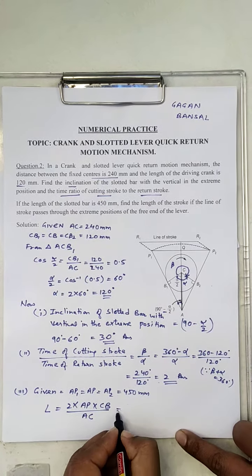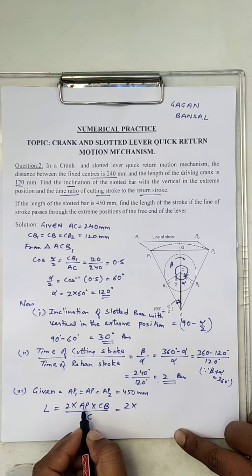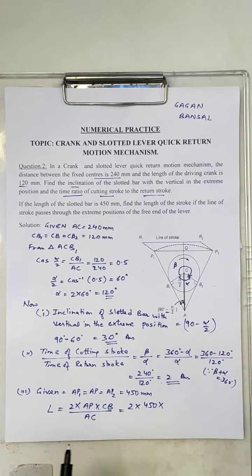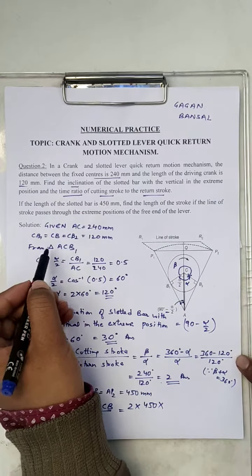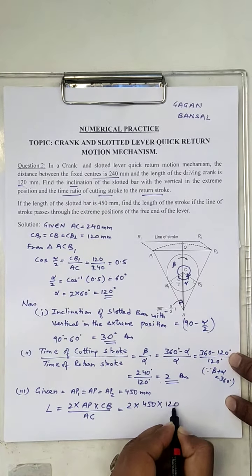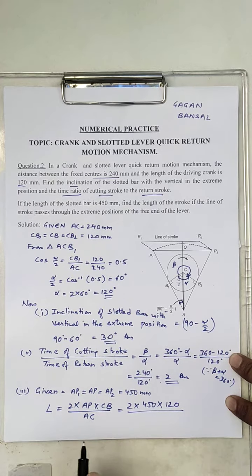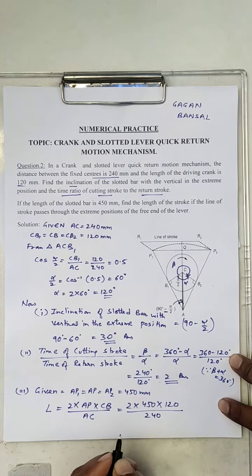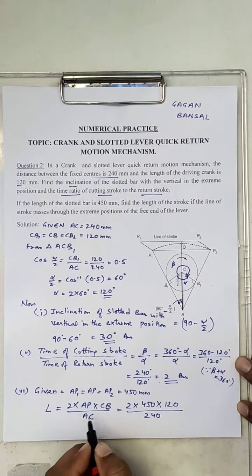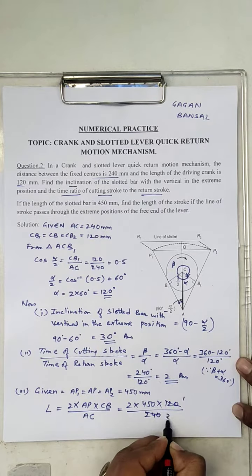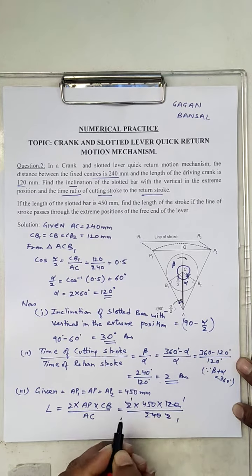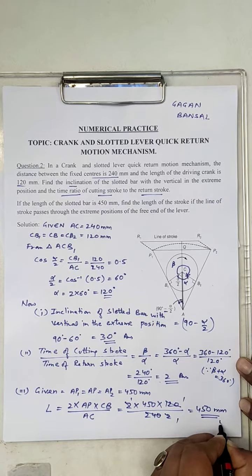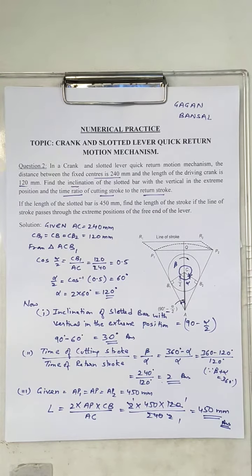So all these are known to us: 2 into AP, the length of slotted bar, is given as 450, into CB, given to us as 120, upon AC, that is 240. These are given to us. So we put all the values. This is 1, this is 2, this is 1, this is 1. So it comes out to be 450 mm. This is the answer. Hope it is clear.